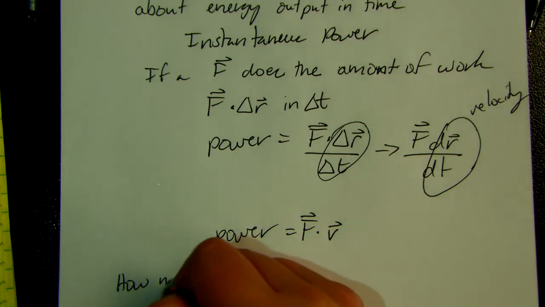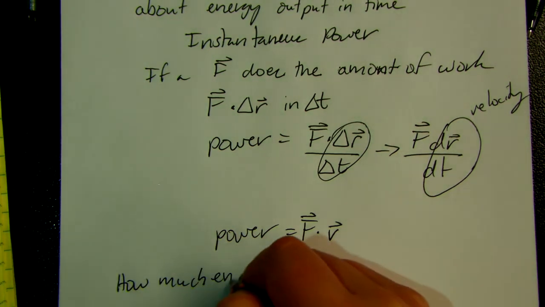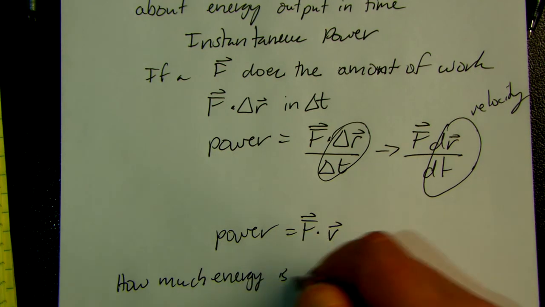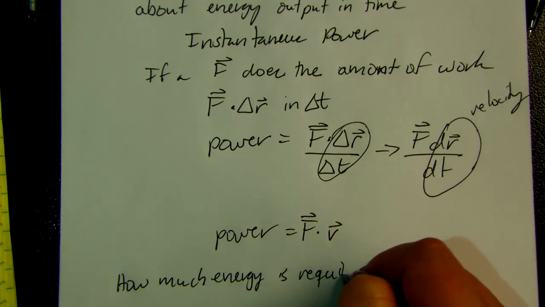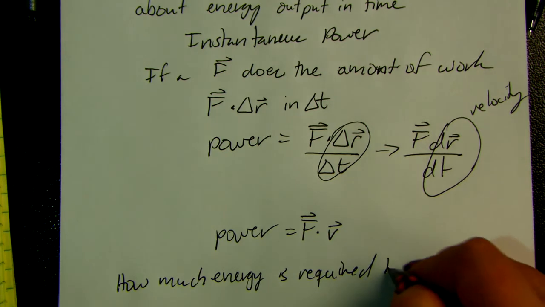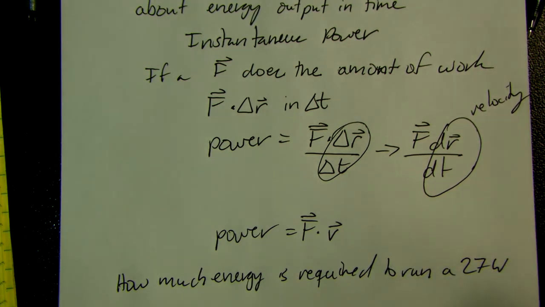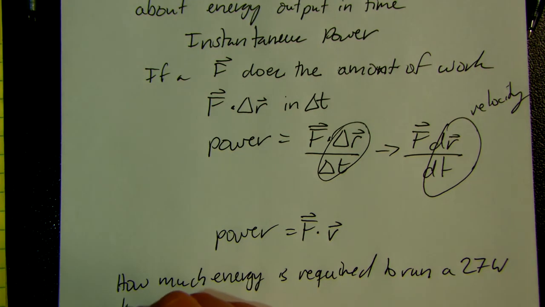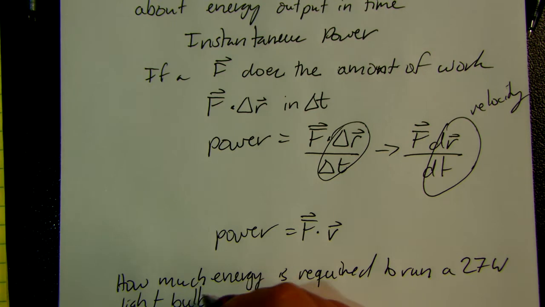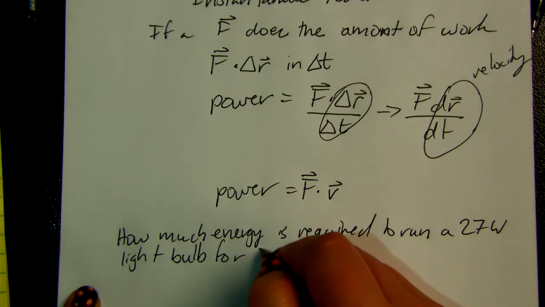How much energy is required to run a 42-watt light bulb for 2 hours?